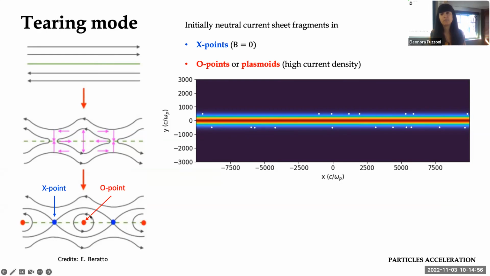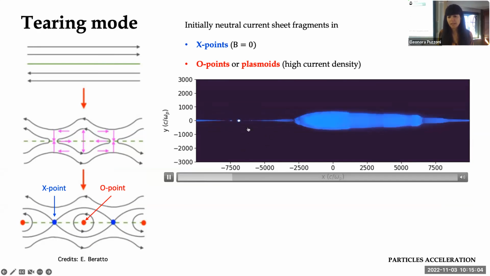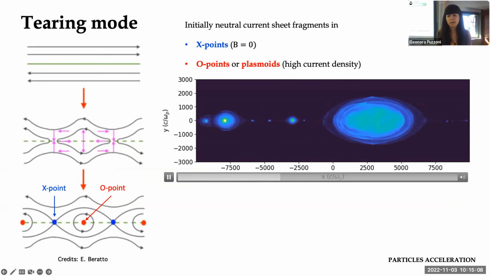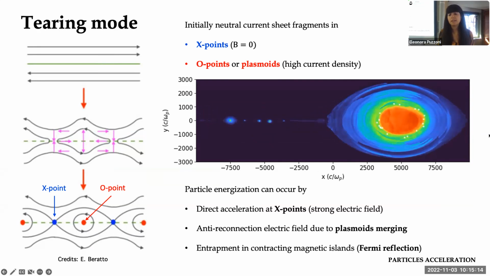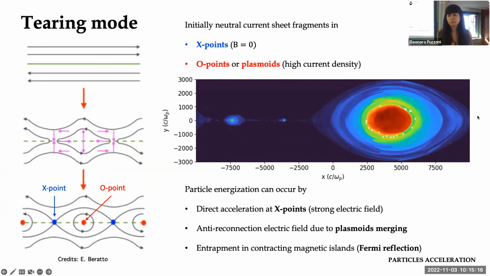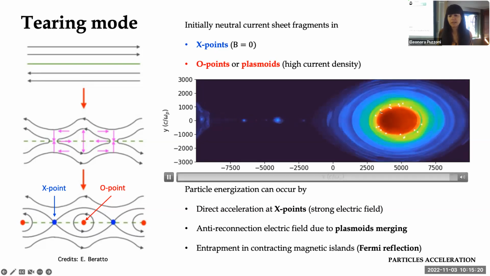The O points are often called plasmoids and are regions of high current density. After the current sheet is fragmented into a number of plasmoids, they begin to merge, and at the end, we find only one large magnetic island. And particle acceleration can occur when particles cross X points, or during plasmoid merging, or when particles are finally trapped inside the largest magnetic island.